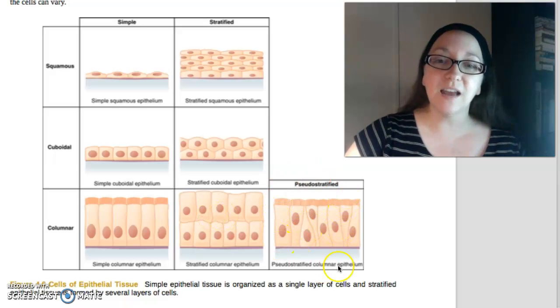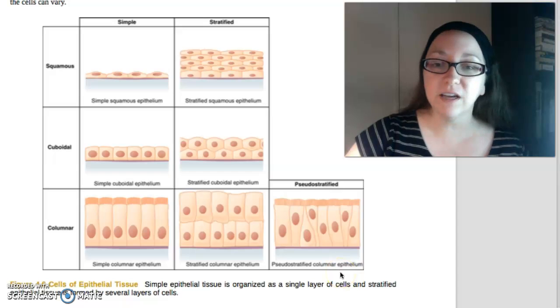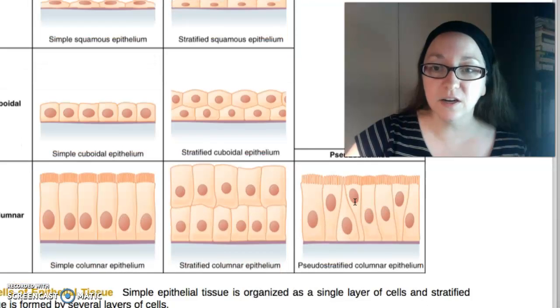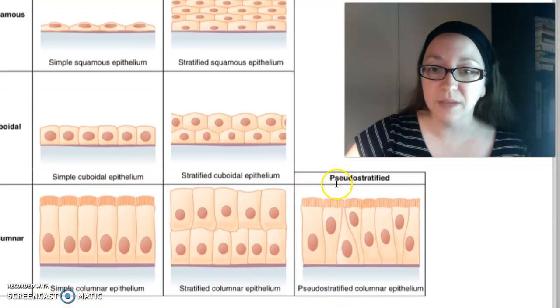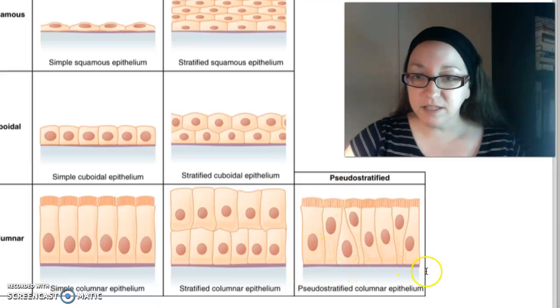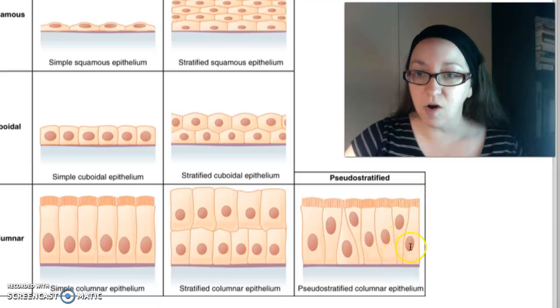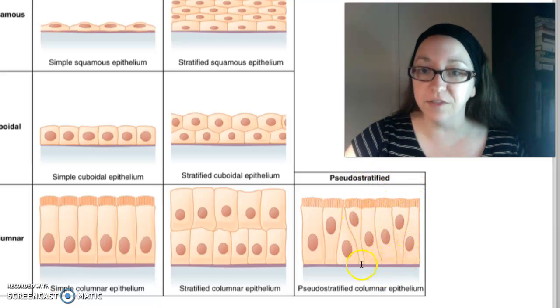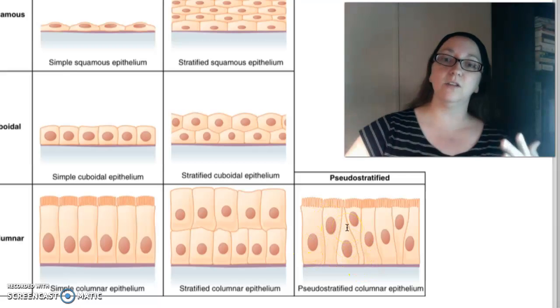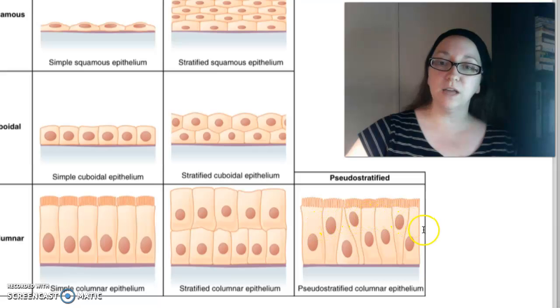The last one's kind of a weird one over here. It's pseudostratified. I'm going to try to zoom in here because they're kind of unique in the way they look. Pseudostratified, if you see the bottom of this, each cell has a bottom and each cell has a top, and they are only one cell thick. However, if you were just stepping back and looking at the nuclei, this looks like 2 or 3 nuclei at the top and then these 5 or so on the bottom.